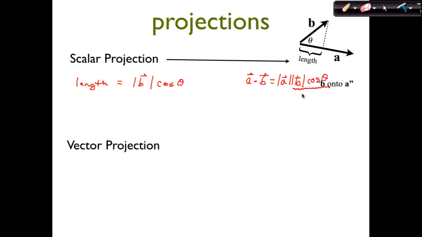How can we isolate magnitude of B cosine theta? See that? If I just isolate that part right there, that's the scalar projection. It would be dividing both sides by the magnitude of A.